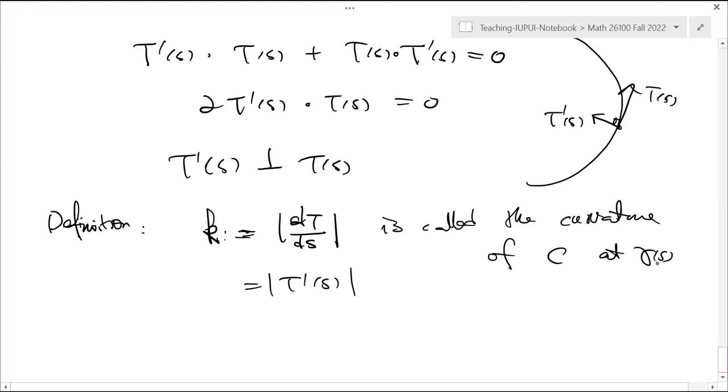When you do some scientific experiment, sometimes you observe that the length of the derivative really tells you how curved, how sharp this curve is bending.